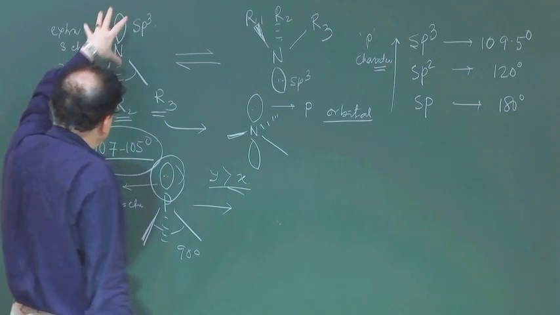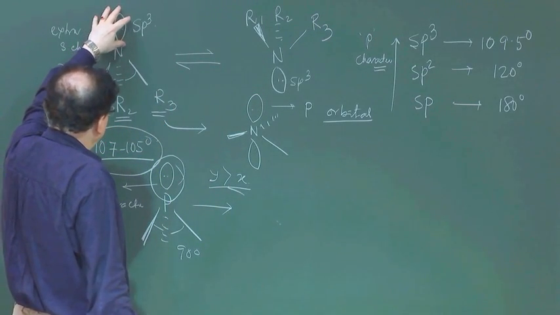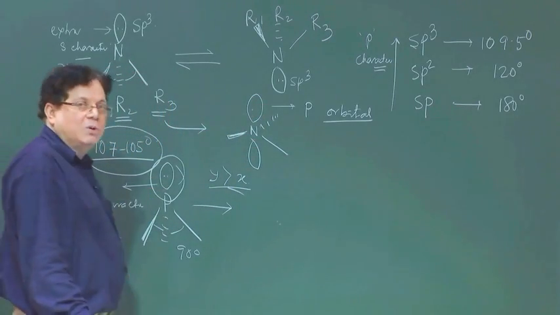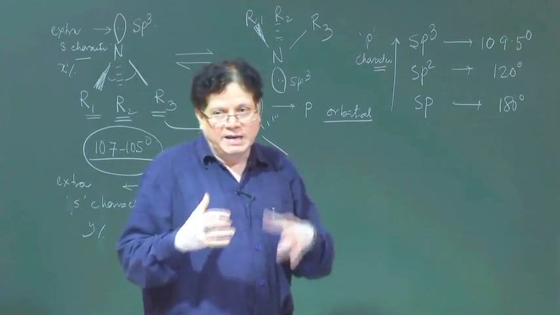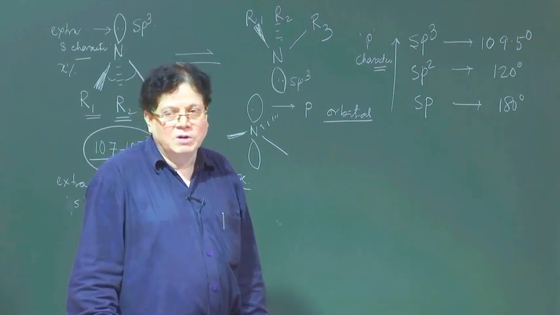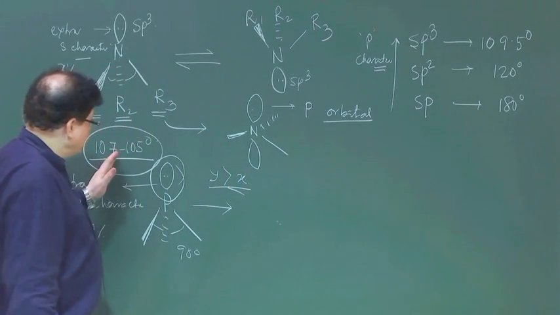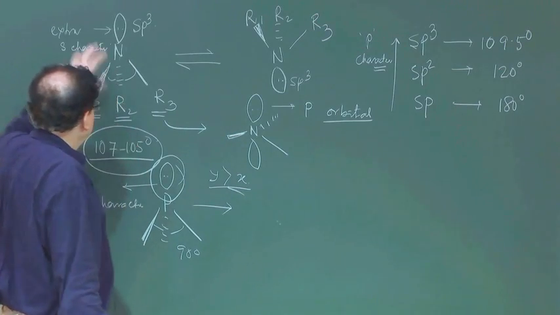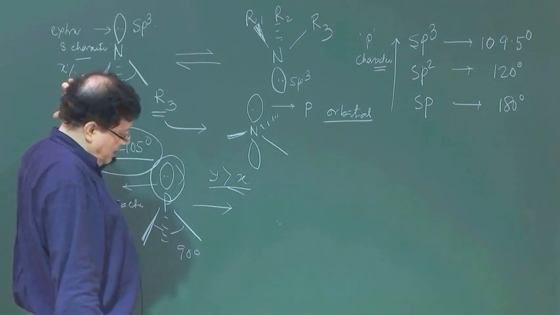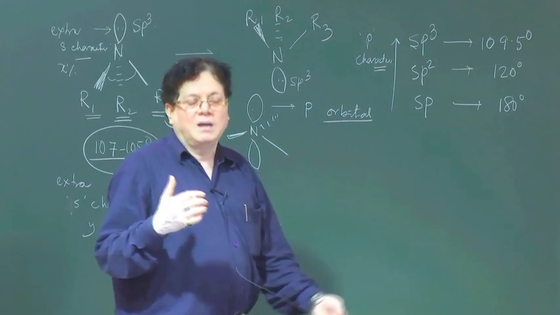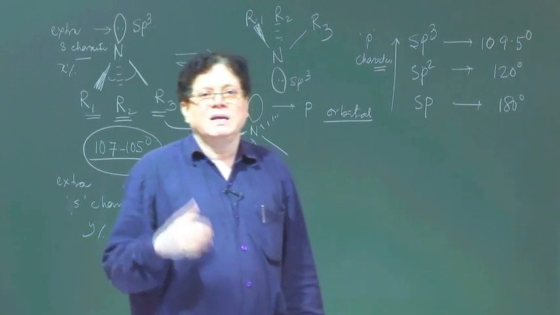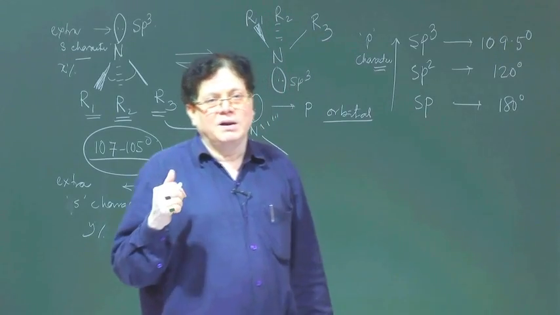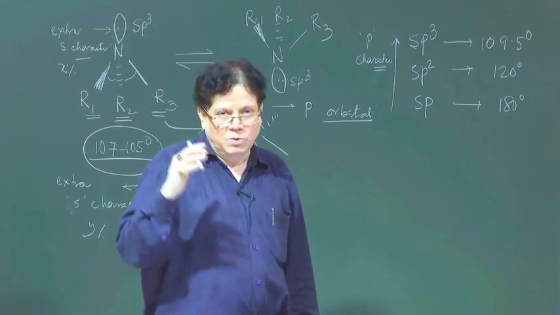Now, inversion means that this orbital has to go from here to an sp2 orbital. So, the orbital which has already got very high s character, for that orbital to go into the pure p orbital will be much more difficult than an orbital which is close to sp3 hybrid orbital, but the s character is not way beyond sp3, because the angle is only 107 to 105 degrees.